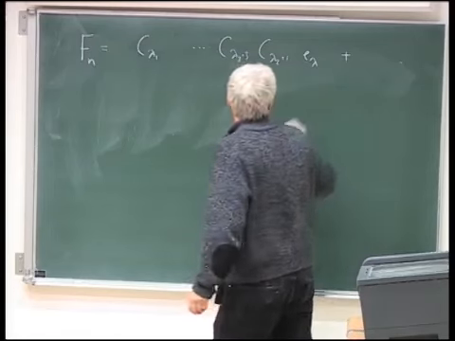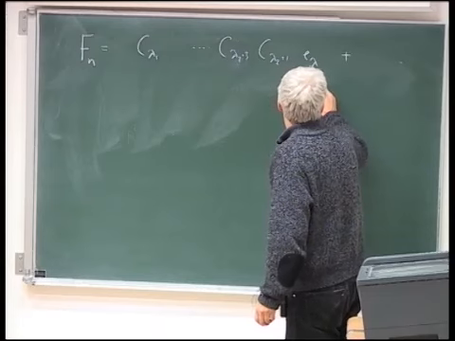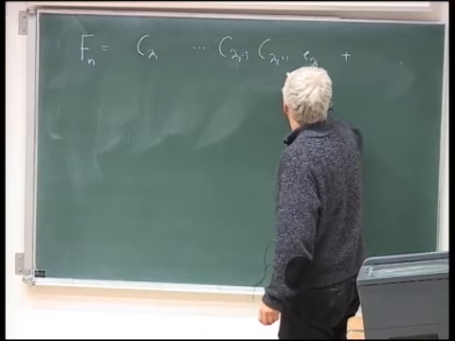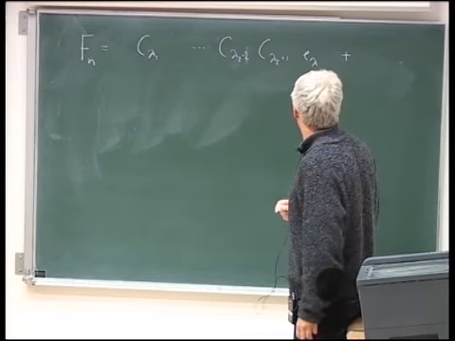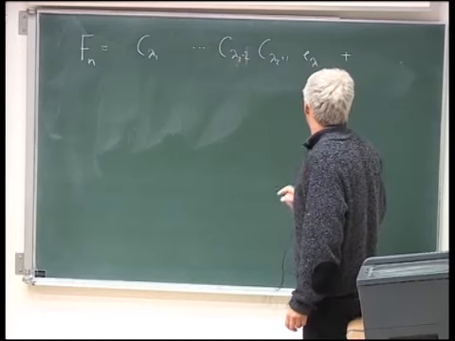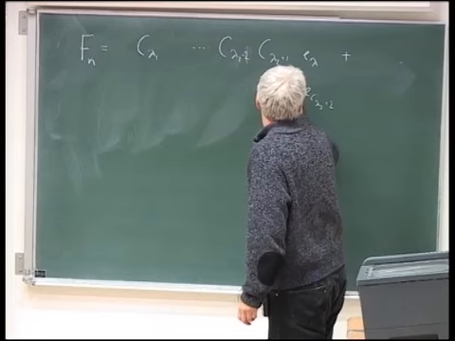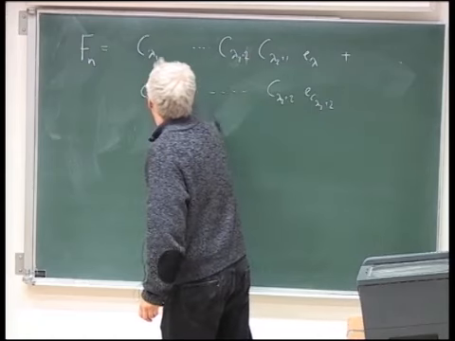Then I need to do something more. I take now E C lambda 2 plus 2. So I take the one corresponding to this index, and then I go on acting. So it's C lambda 2 plus 2 and so on and so forth up until this one.